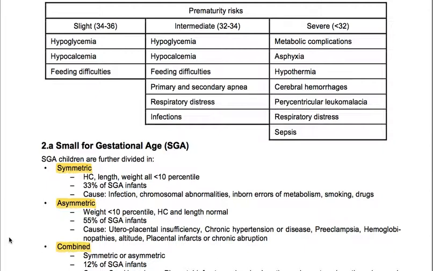If the prematurity is severe, that is less than 32 weeks, the risks are metabolic complications, asphyxia, hypothermia, cerebral hemorrhages, periventricular leukomalacia, respiratory distress, and sepsis.